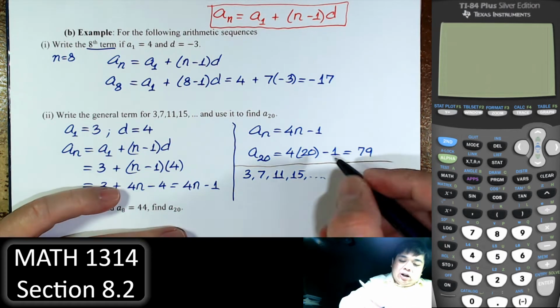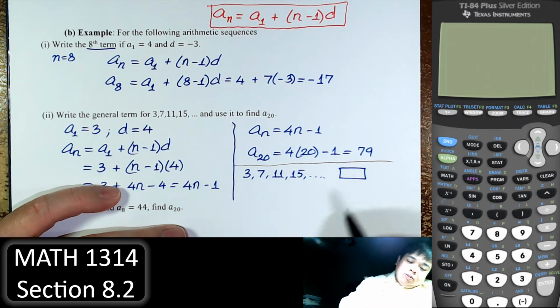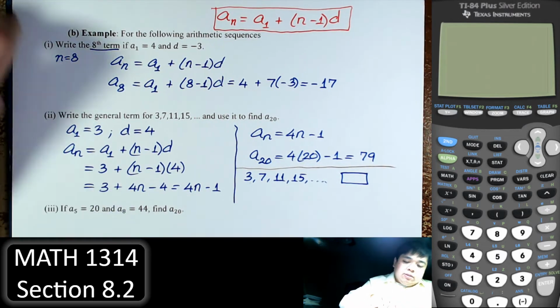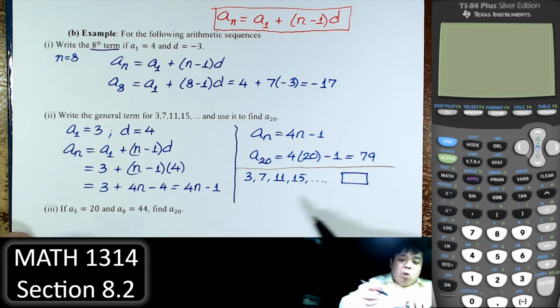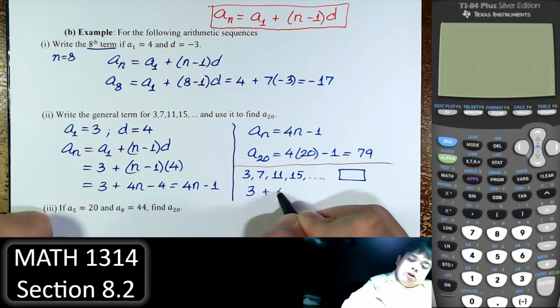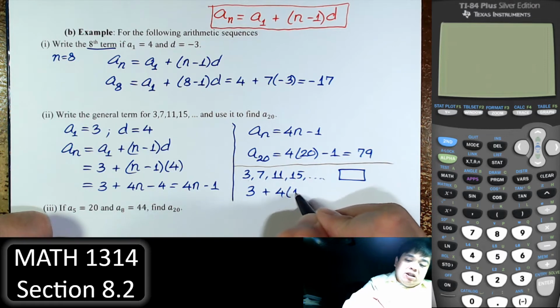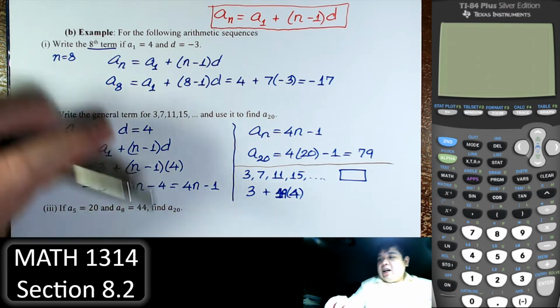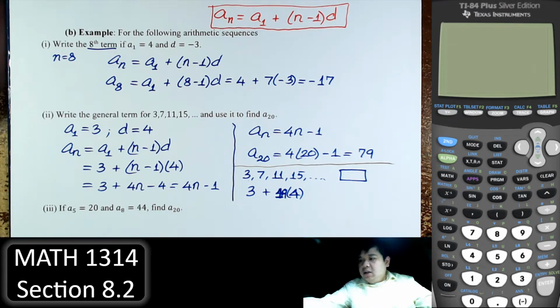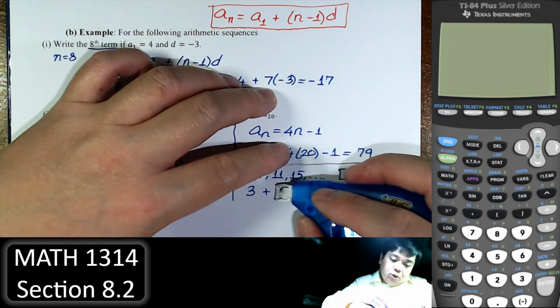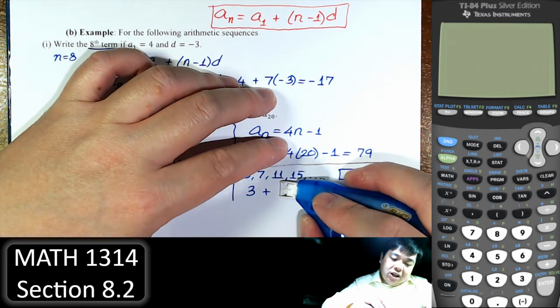To get to the 20th term, we start from 3. Each time we're going to add 4. So we're going to plus 4 19 times, or 19 times 4. Right? Take 19 steps to go from the first term to the 20th term.